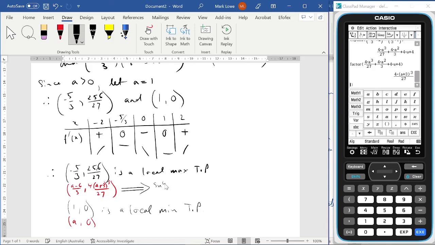Sub that into y equals 5x plus 15. And that will give us our values, because our x coordinate is in terms of a, our y coordinate also is in terms of a, so we can substitute that in there and we'll be able to find it.